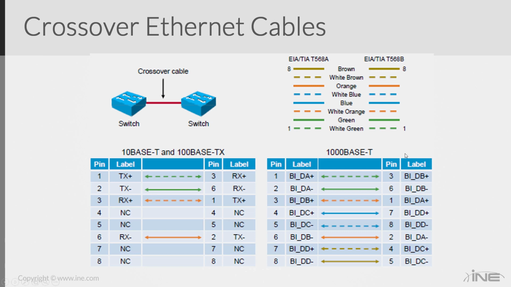So for gigabit here, you would need to go pin 1 to pin 3, pin 2 to pin 6, pin 3 to pin 1, pin 4 to 7, 5 to 8, 6 to 2, 7 to 4, 8 to 5. So that's going to be your pinouts as you need them to be. You can use this for reference. I do all the time because I can never remember the crossover cable pinout, so I usually look it up when I need to know.